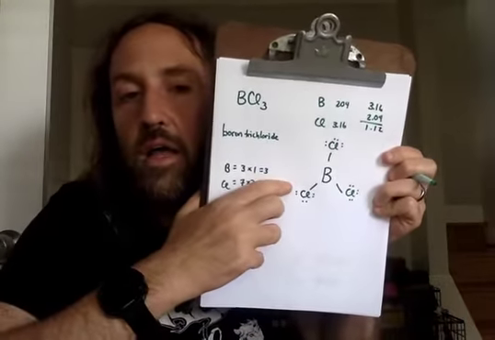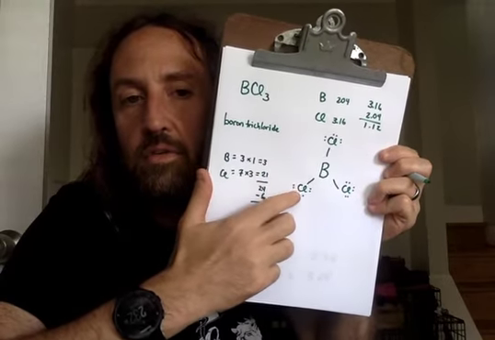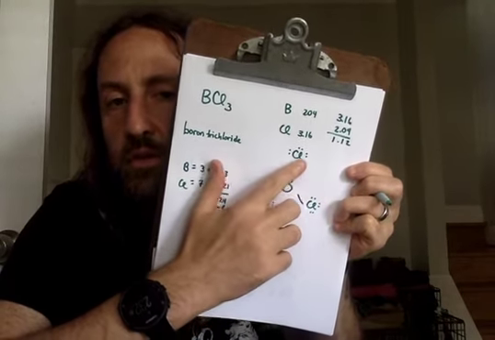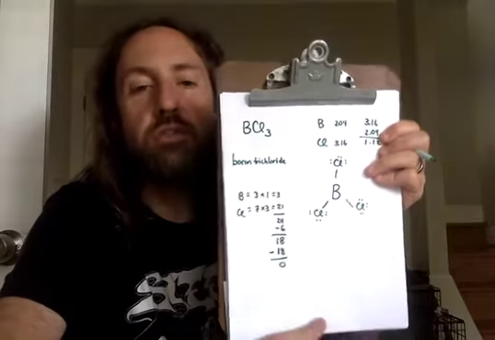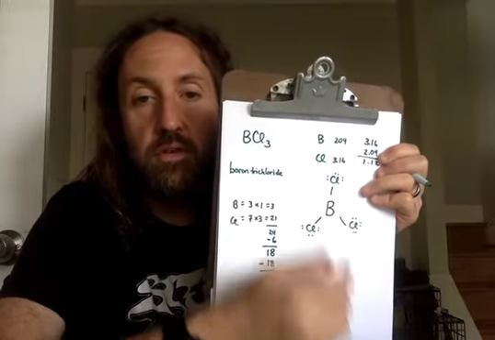The other one also needs 6, and the other one needs 6. So 6, 6, 6. 6 times 3 is 18, and 18 minus 18 is 0. And so we're ready to go. This is a good structure.